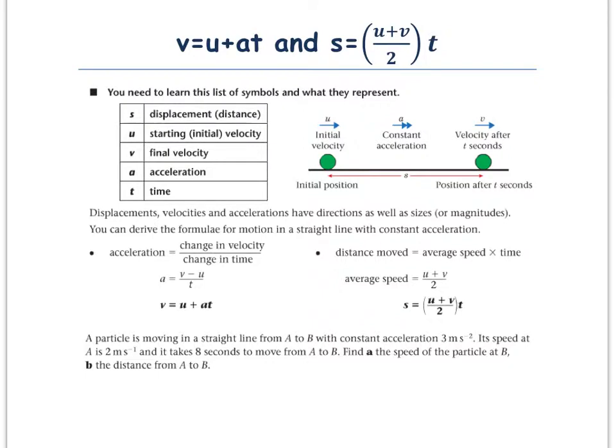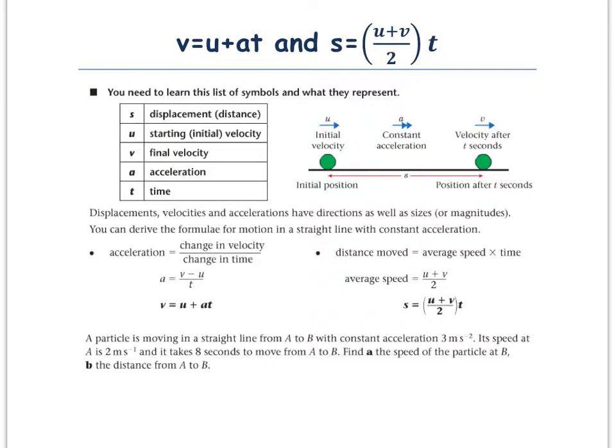It says displacements, velocities and accelerations have directions as well as sizes or magnitudes. You can derive the formula for motion in a straight line with constant acceleration. Acceleration is the change in velocity divided by the change in time.